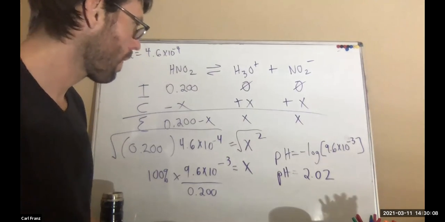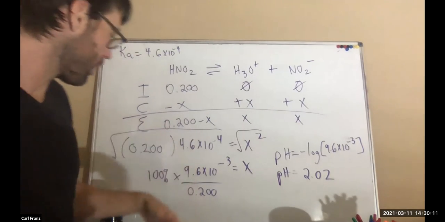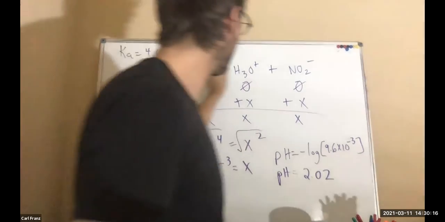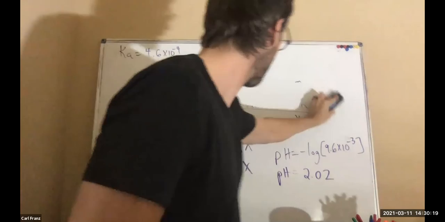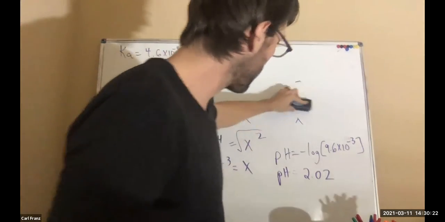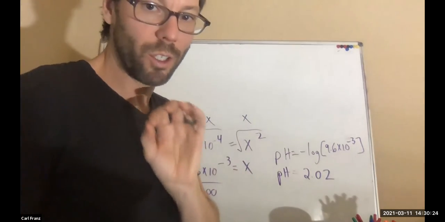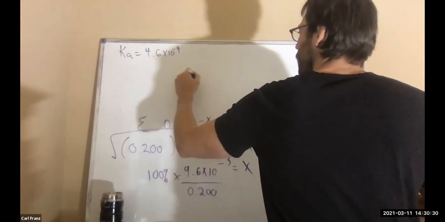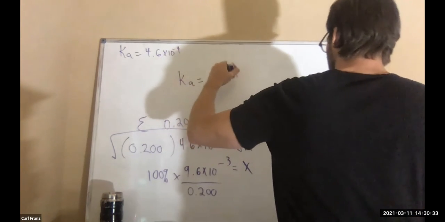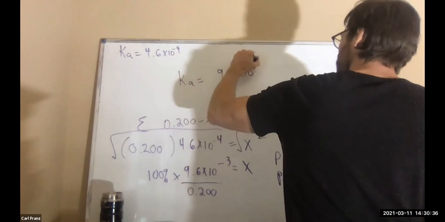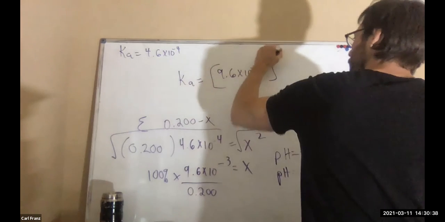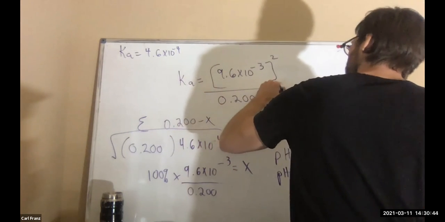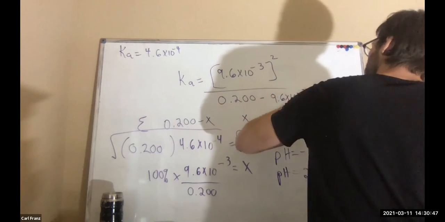Now, why not just for giggles, why don't we plug that back in and see if it comes close to our 4.6 times 10 to the negative 4? Since we were just on the threshold of making that assumption confidently, we would say that Ka equals 9.6 times 10 to the negative 3 squared over 0.200 minus 9.6 times 10 to the negative 3.